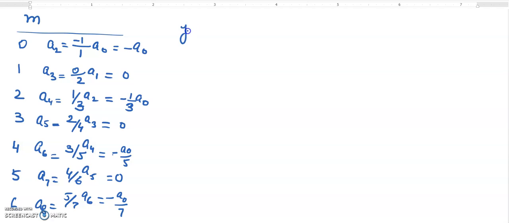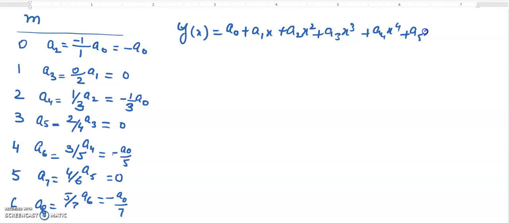Therefore the solution in terms of the power series will be a naught plus a1x plus a2x square plus a3x cube plus a4x4 plus a5x5 plus a6x6 plus a7x7, and so on. In this case we are starting from a2 and a3, so therefore a0 and a1 will be the arbitrary constants.